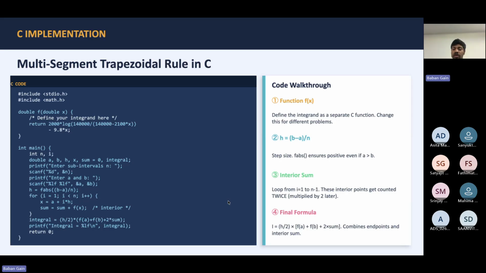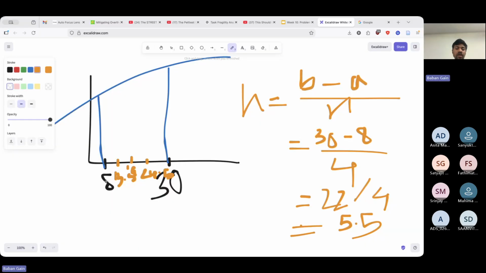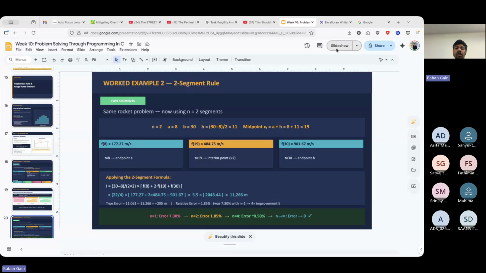Otherwise, if it is an interior point, i equal to 1 to n minus 1, which are interior points, they will be counted only once. You iterate through all of them and calculate x, which is a plus i into h. So basically, if you go through the graph, initially it is 8, then 8 plus 5.5, 8 plus 2 into 5.5, like that. So you can do that here.